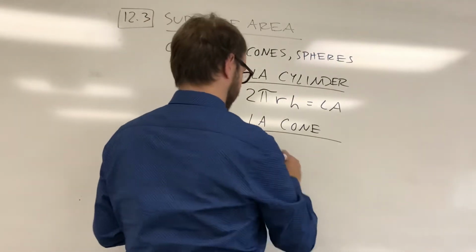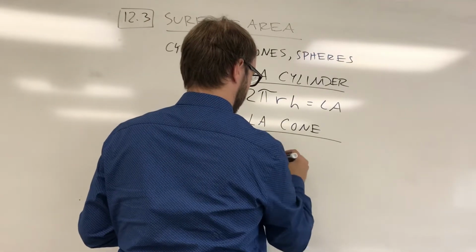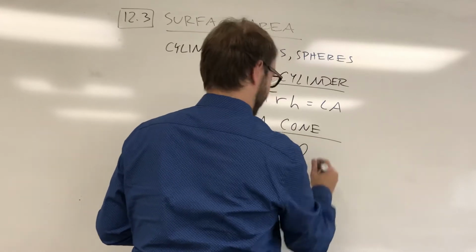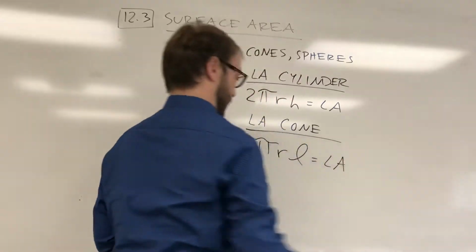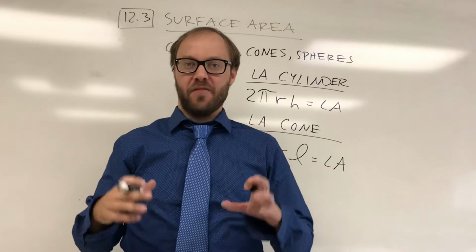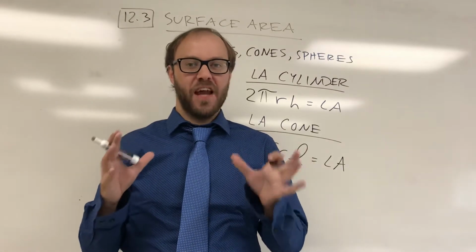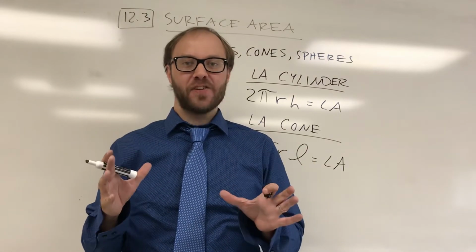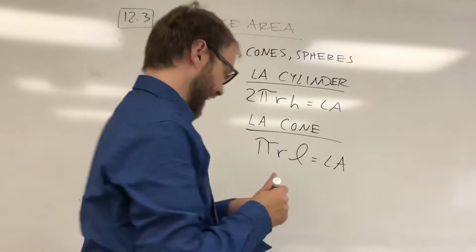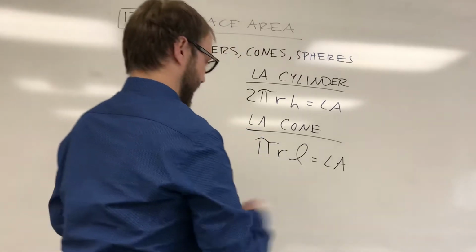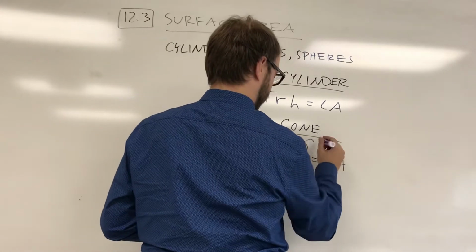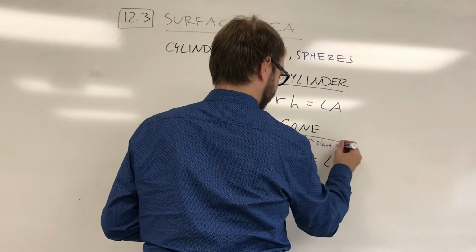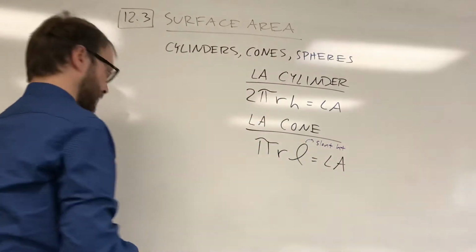The lateral area is equal to pi r L. Some of you might not remember, but I believe back in section 9.8, we used L to represent the slant height of a cone. Pi times the radius times the slant height of the cone, okay?